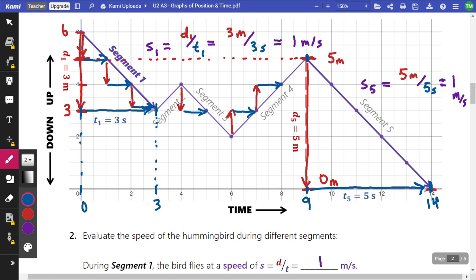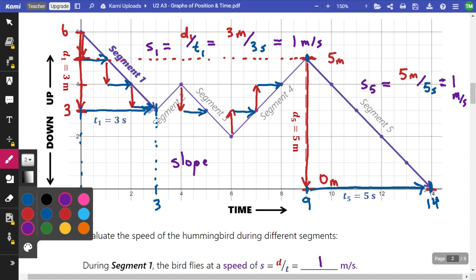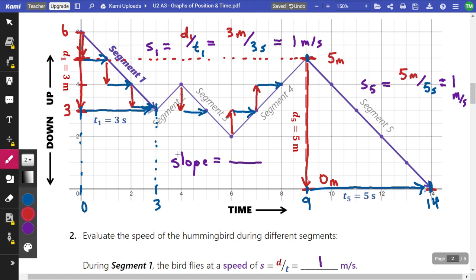Okay? So the slope can be a handy way to figure out how fast or slow the bird is moving on a graph like this, where you have position, like how far up or down or left or right, compared to time on the x-axis. Okay? You might even know that the slope of a line is equal to the rise divided by the run.